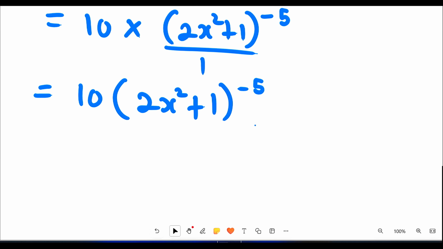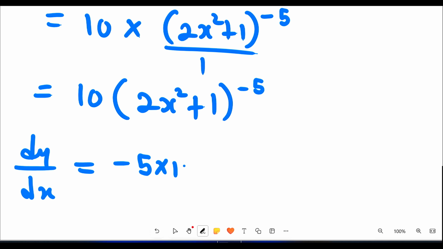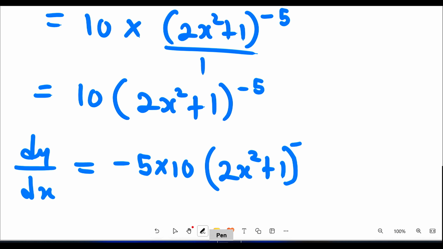So we can now differentiate it using the chain rule. So we are going to get our dy/dx to be equal to bring down the power to multiply. So we have negative 5 multiplying 10. Now we open our bracket to maintain the same thing, 2x squared plus 1. Then you reduce the power by 1. So you have negative 5 already minus 1.